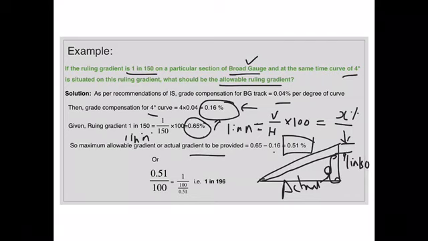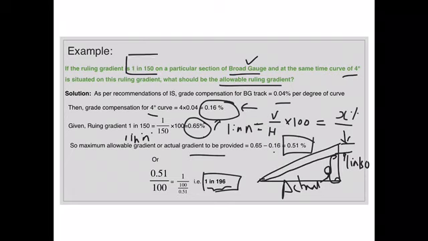This is expressed in terms of percentage, so convert that into terms of 1 in n: 1 divided by 0.51 divided by 100. That will give 1 in 196, the actual gradient provided at that particular point where the combination of grade and the curve exists.